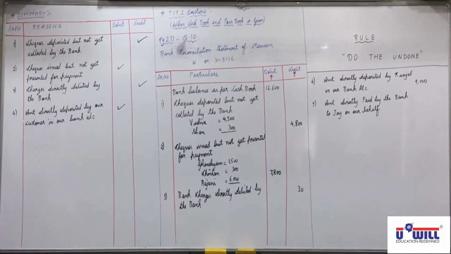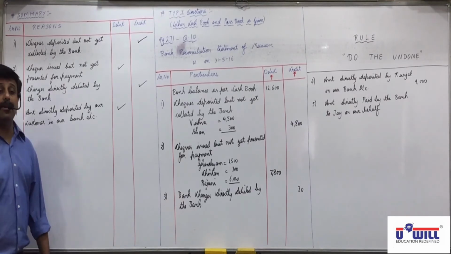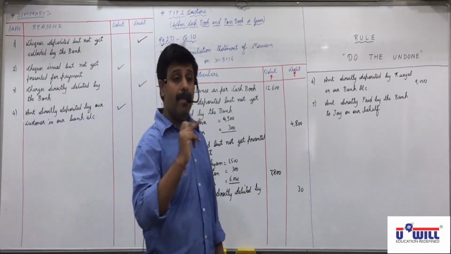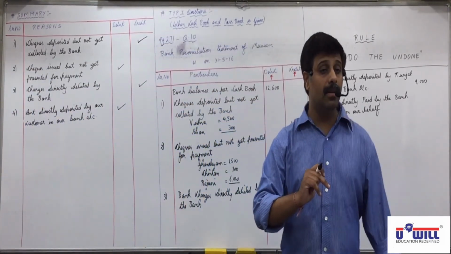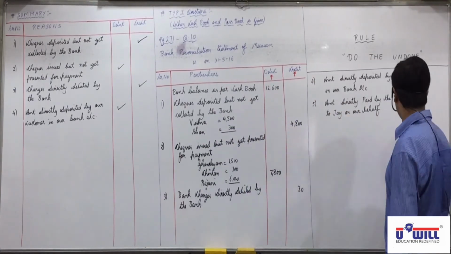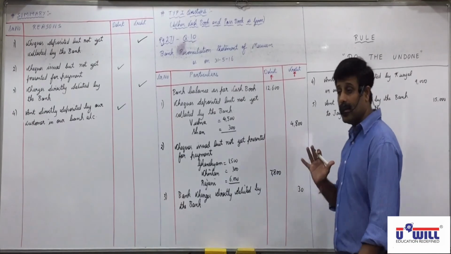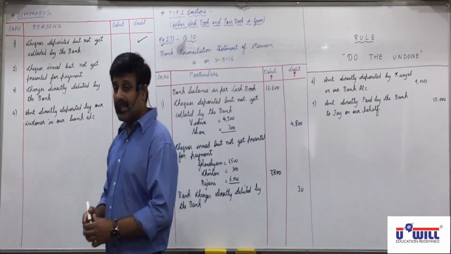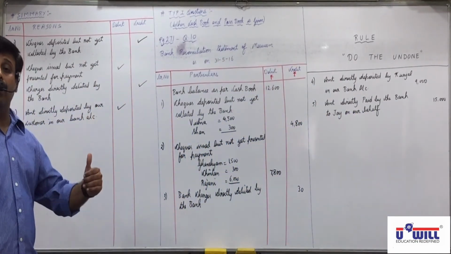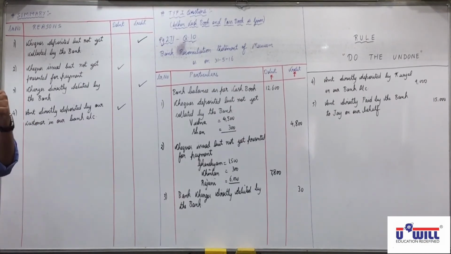What is the amount? 15,000. Now 15,000 is debited in passbook but not credited in cash book, so credit in BRS. Once again, 15,000 is debited in passbook but not credited in cash book, so credit in BRS.